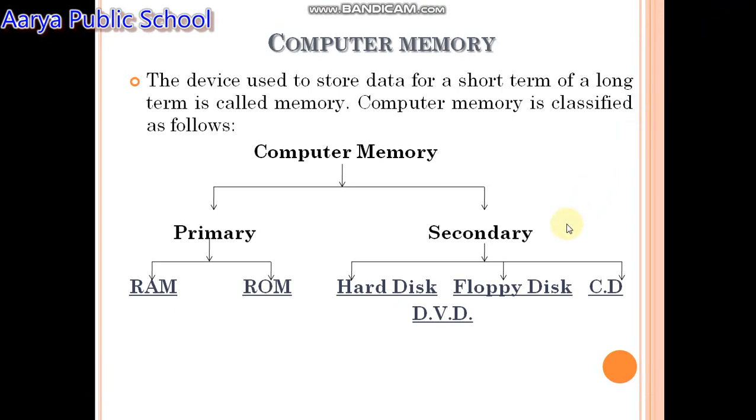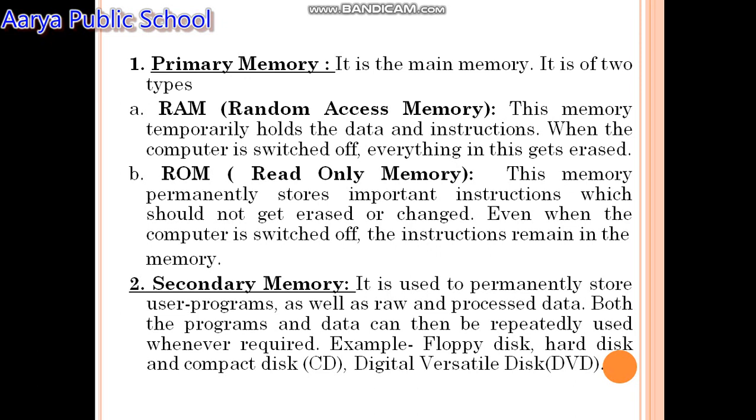Now dear students, let us get the information properly. First, primary memory. This means the internal memory of the computer. It is the main memory and it is of two types.